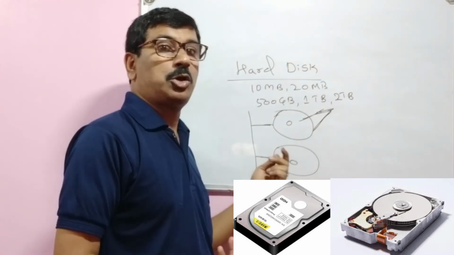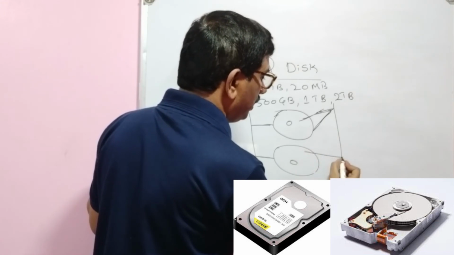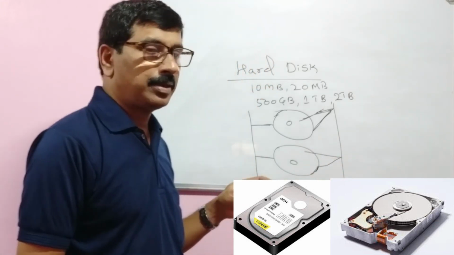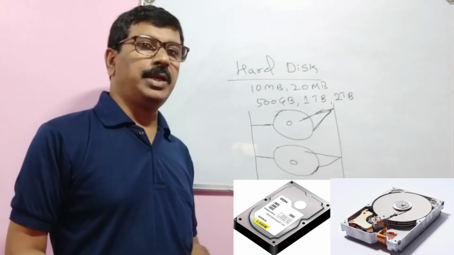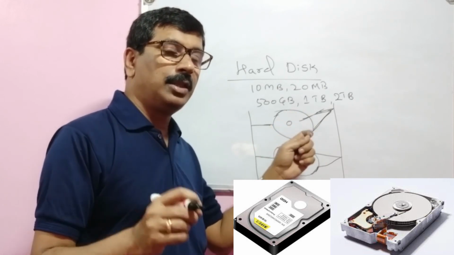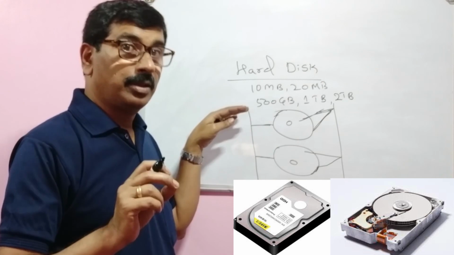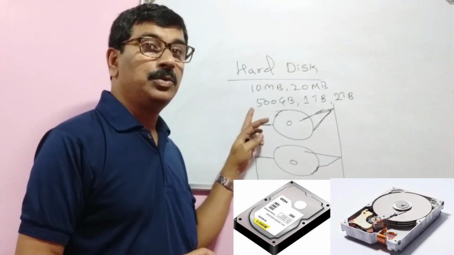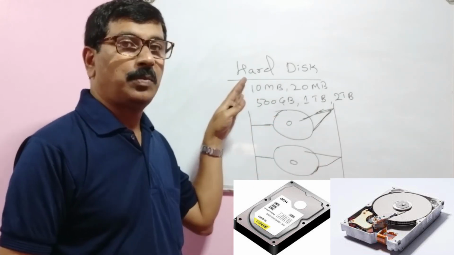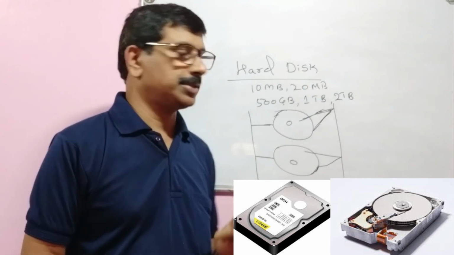The advantage of the hard disk is that there is a head for all the disks. That means when you search for information, the read or write heads search in all the disks of the hard disk at once. So it is faster compared to other secondary storage devices. If you compare with floppy disk, CD or DVD, the hard disk is faster.